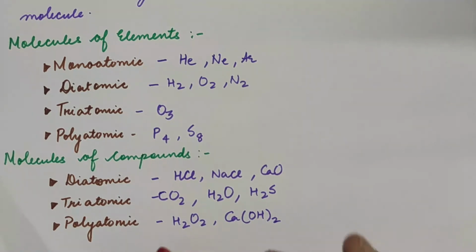And then we go to the polyatomic molecule. For example, hydrogen peroxide: 2 atoms of hydrogen combine with 2 atoms of oxygen, so the atomicity is 2 plus 2, which is 4. Similarly, you can have different compounds with more than 3 atoms. When the number of atoms is more than 3, we call it a polyatomic compound.